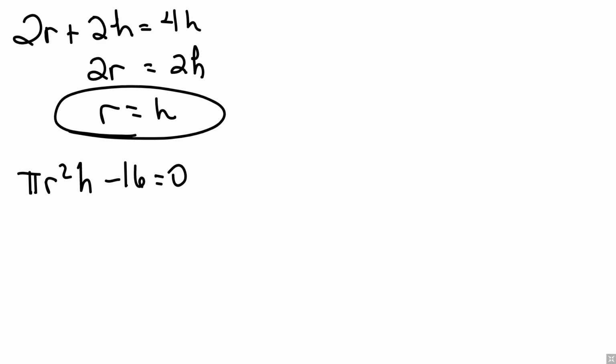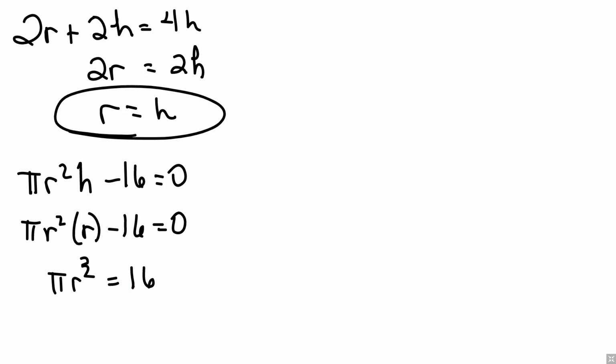So we have pi r squared times r minus 16 equals 0. So pi r cubed is equal to 16, r cubed equals 16 over pi, so r would be the cube root of 16 over pi, which we can't really simplify.